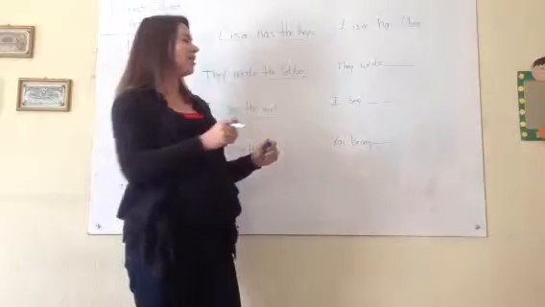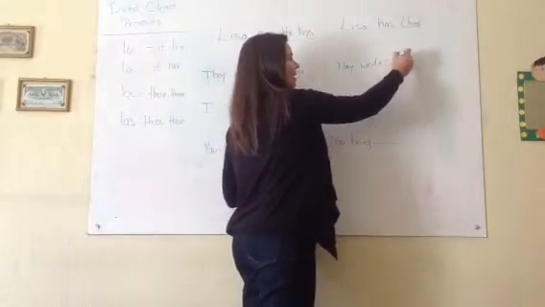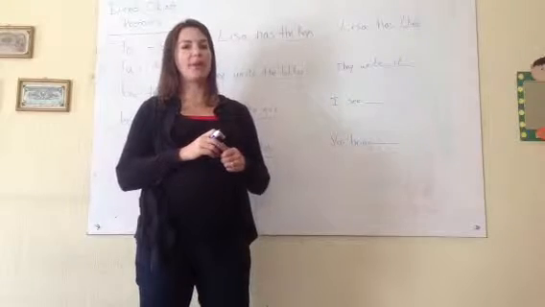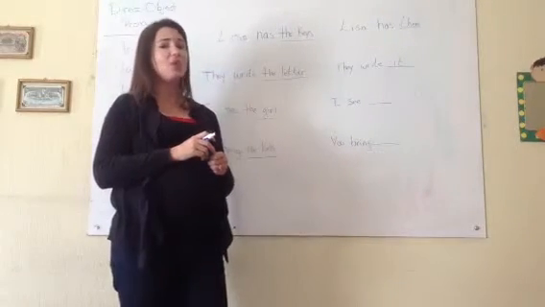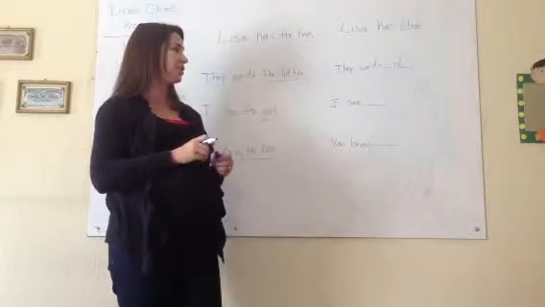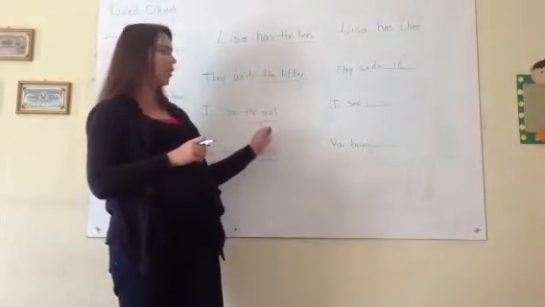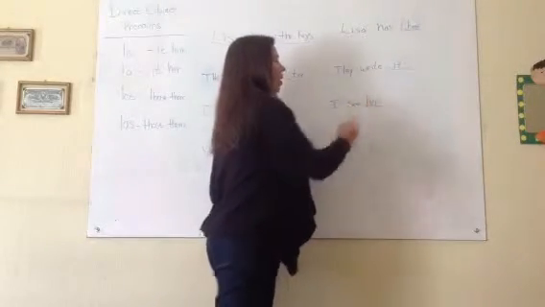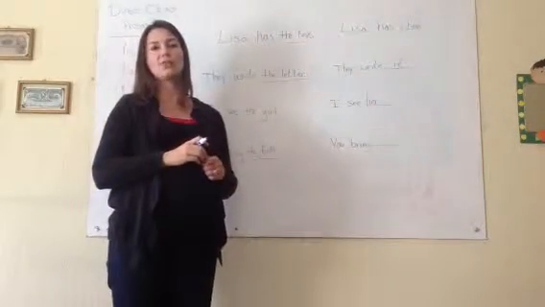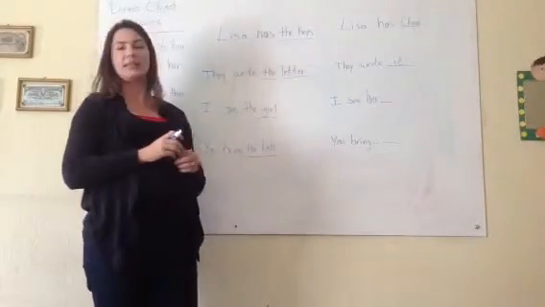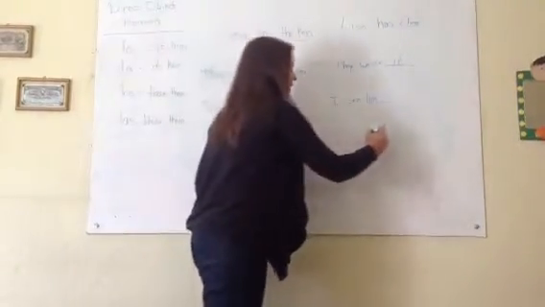They write the letter would become they write it. It being the direct object pronoun. It can also be a subject pronoun and an indirect object pronoun in English. I see the girl. I see her. Her is the direct object pronoun. You bring the kids. You bring them.